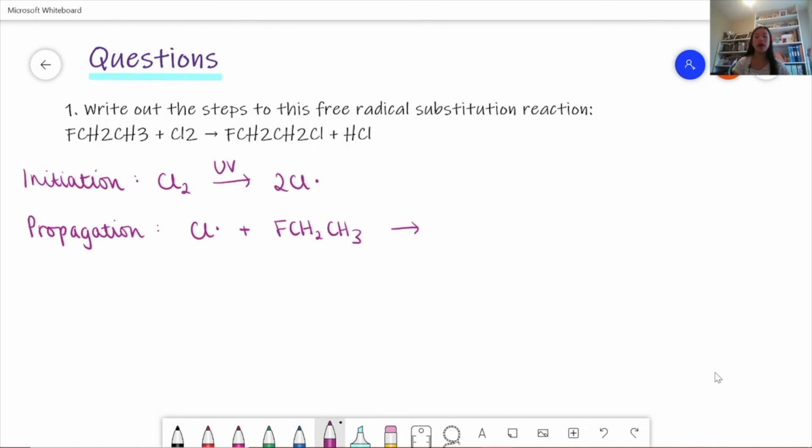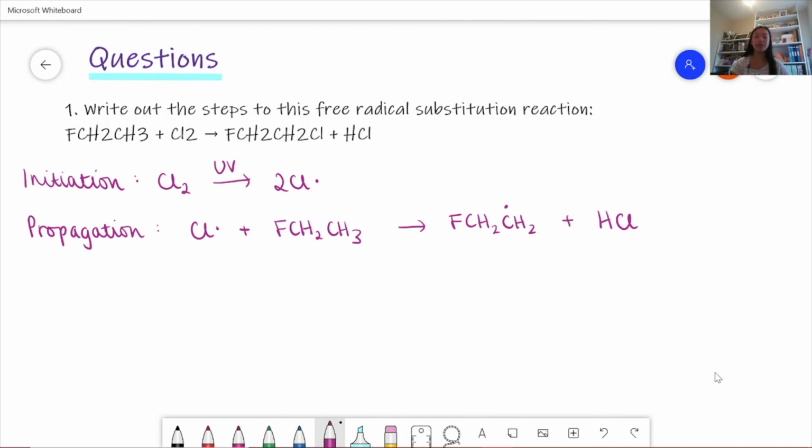And so this means that we have to take a hydrogen off the carbon which is not attached to the fluorine here. And this forms the free radical FCH2CH2. And remember that for the free radical, the symbol that we use to denote is the dot, and it has to be on the carbon which has just lost the hydrogen. And so that's why I'm going to put it on top of the carbon this time.